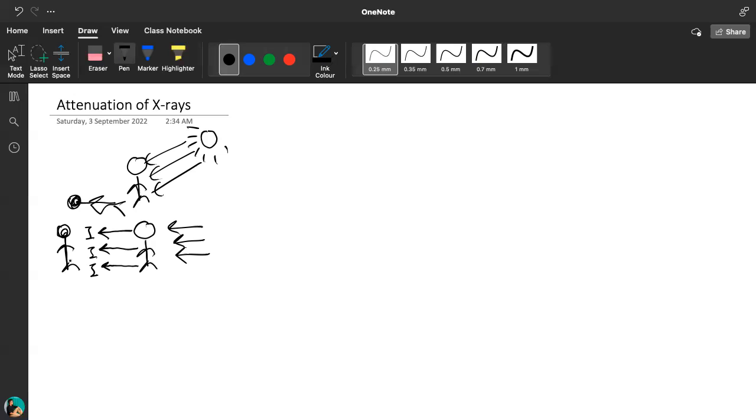That's why the bone appears clearer, because the bone blocks all the X-ray, but the body tissues allow some of it to go through. So you can see the shape of the image on a gray scale. Some are very black, some gray, less black.